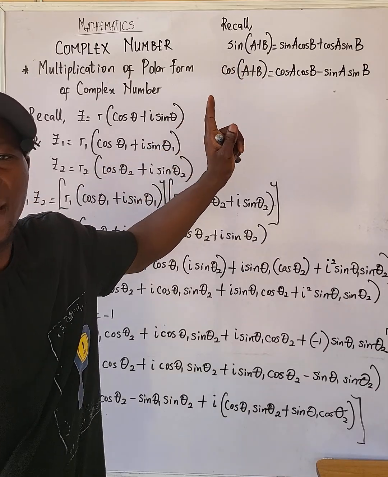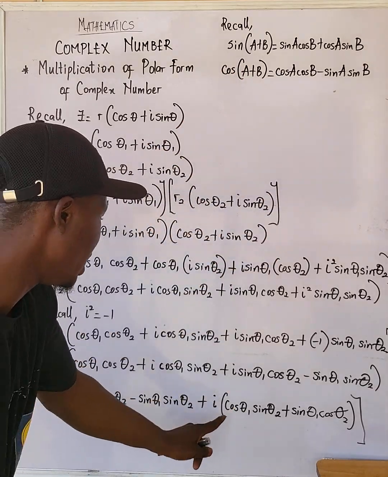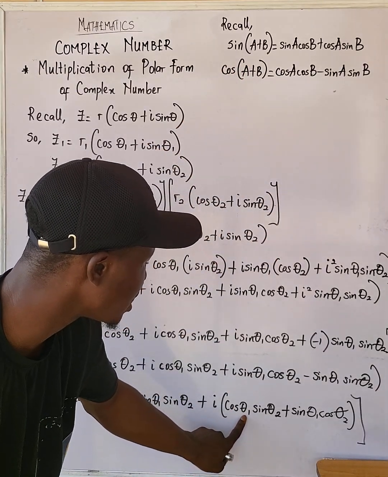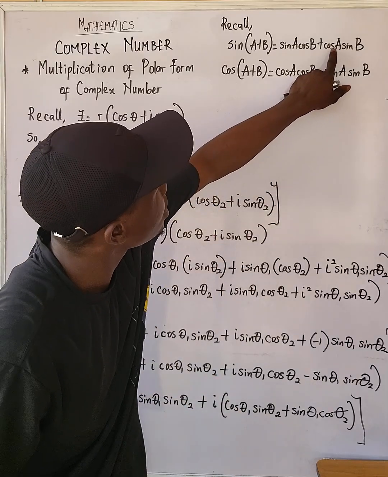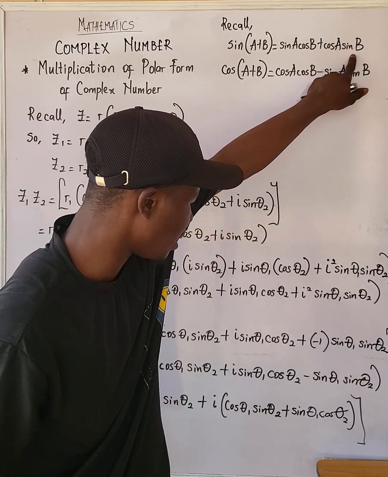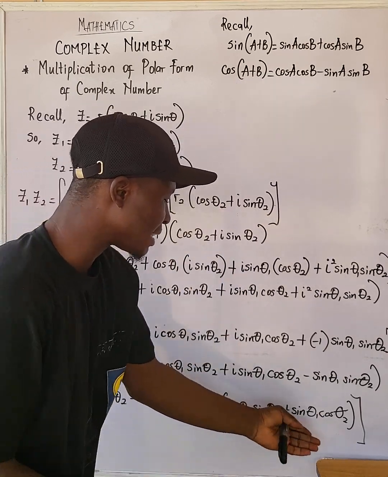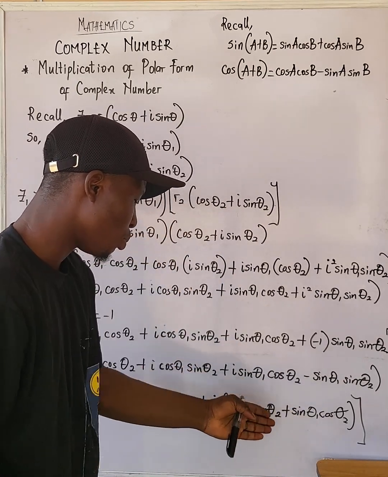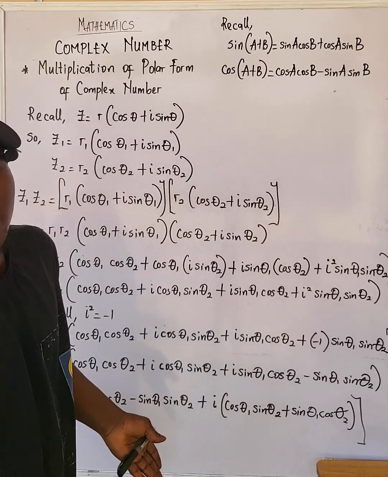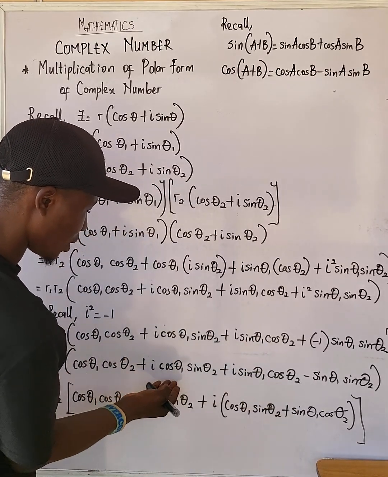Now let's take our A as theta 1 and B as theta 2. When we have cos theta 1 sin theta 2, that is cos A sin B, then plus sin theta 1 cos theta 2. It's still the same thing; I can bring this to the front and take this to the back.